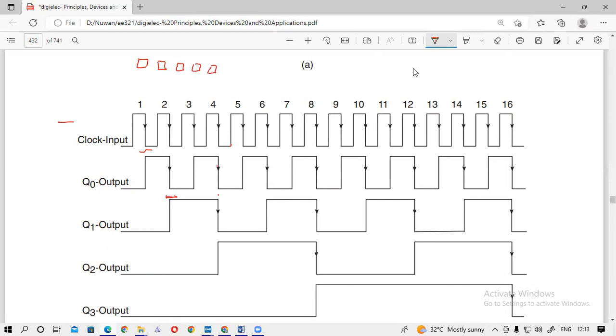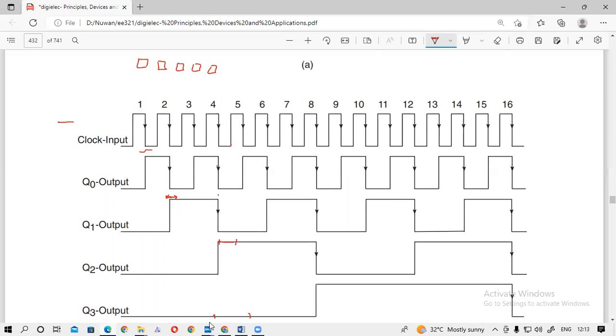At the third it will be triple. At the fourth it will be 4 times. So the last flip-flop will be affected by the propagation delay the most.